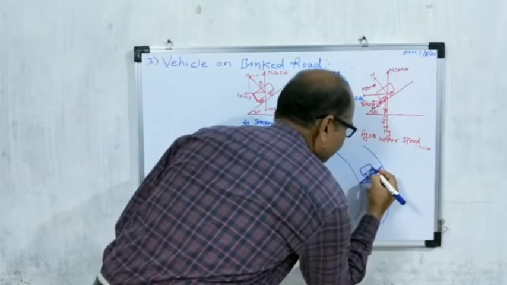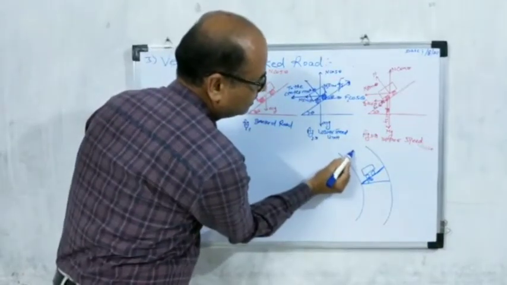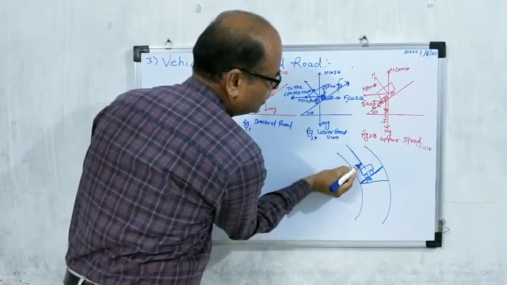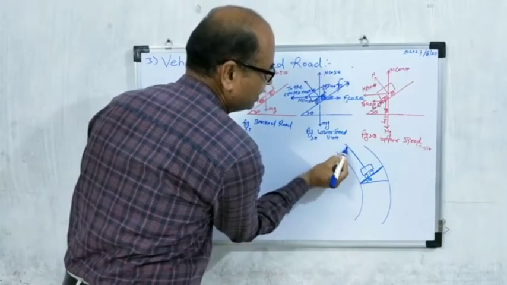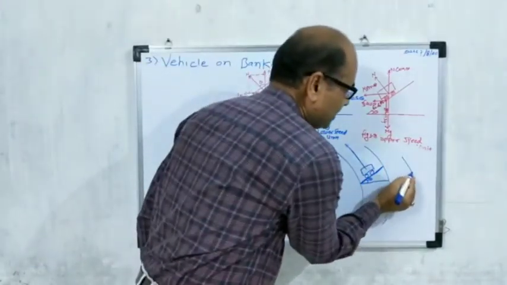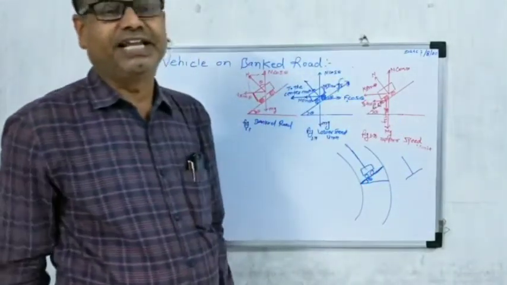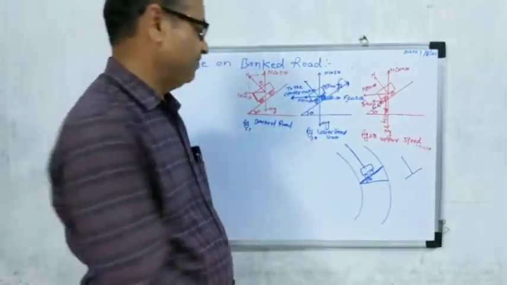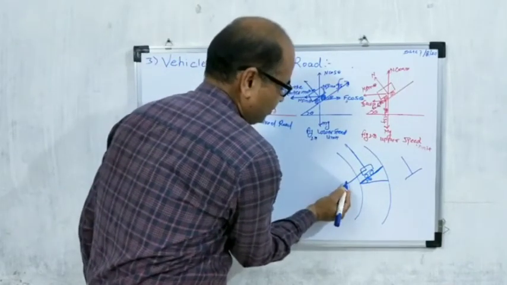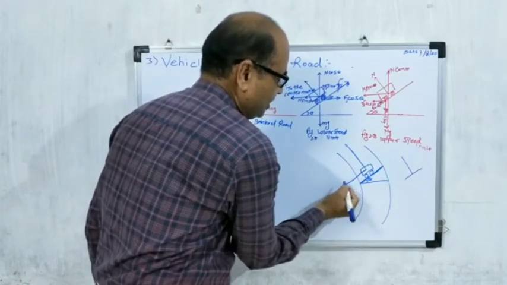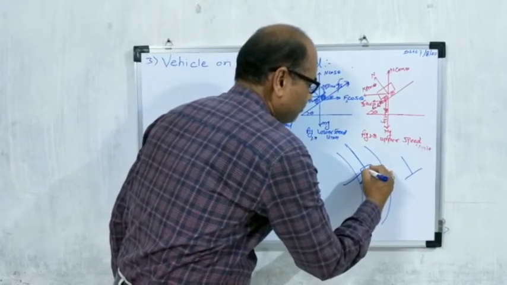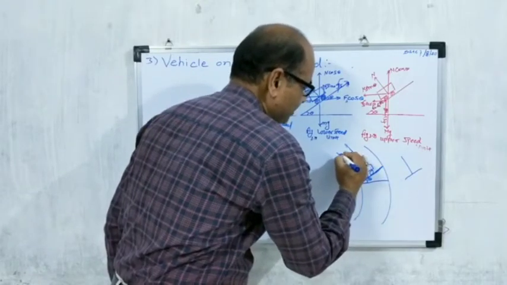Therefore, the normal reaction is perpendicular to the direction, when a car is moving in this form. That is, the centripetal force should be necessary in one direction, and the force should be the normal reaction.